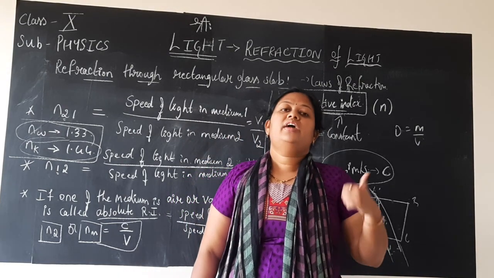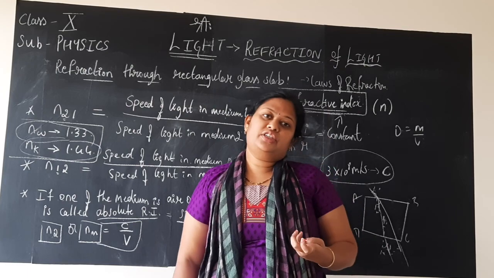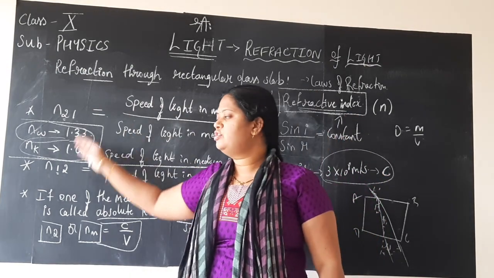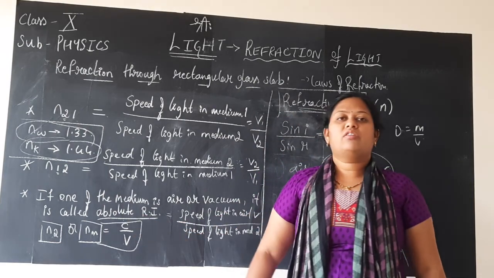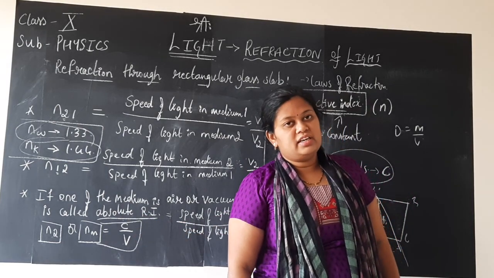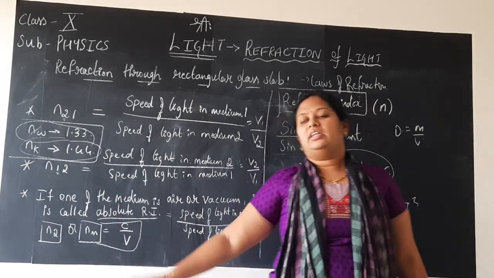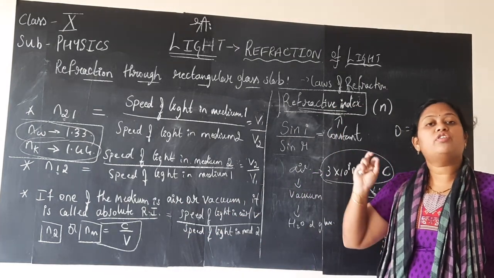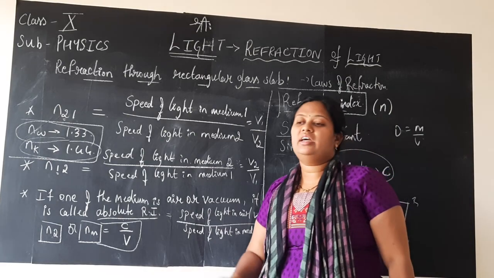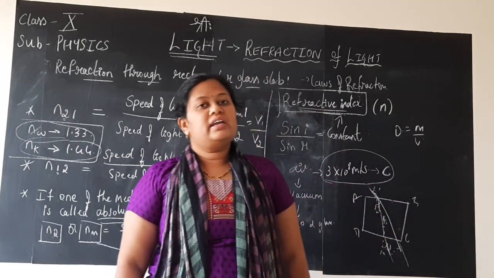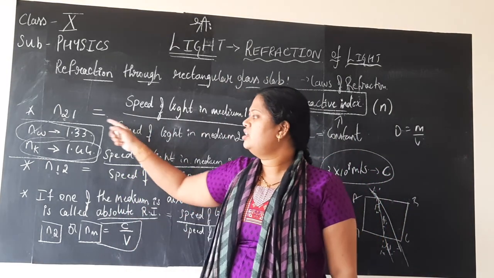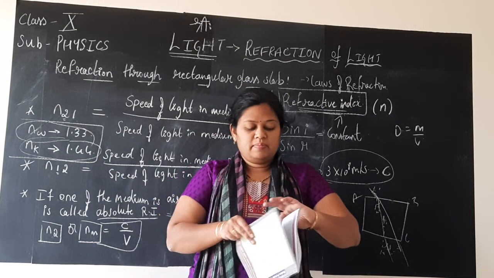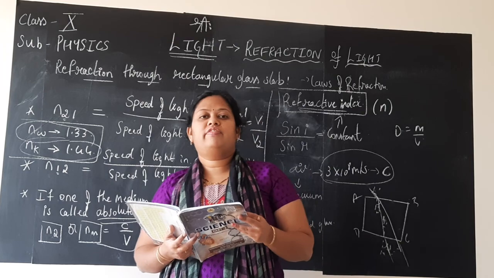Next we studied the laws of refraction of light, the concept of refractive index and its formulas, and also the concept of absolute refractive index, that is c by v. Next we studied the concept of optical density, optically denser and optically rarer. It is based on the refractive index of the medium. So this completes the concept of refraction of light, children.